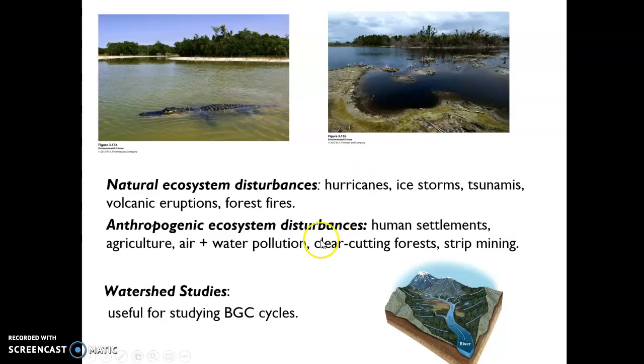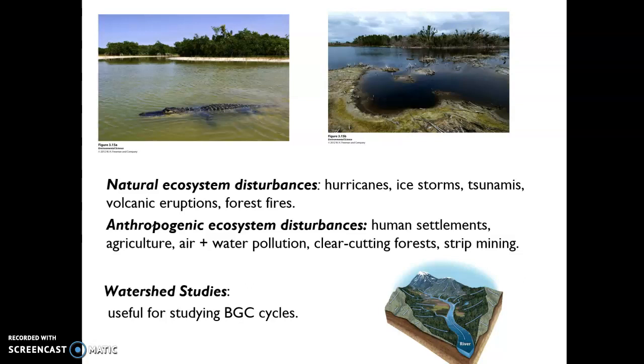There are also many anthropogenic ecosystem disturbances, including human settlements, so the expansion into the suburbs and building more and more, agriculture, clearly, air and water pollution, clear-cutting forests, and strip mining. And some systems will be able to better weather these disturbances than others.